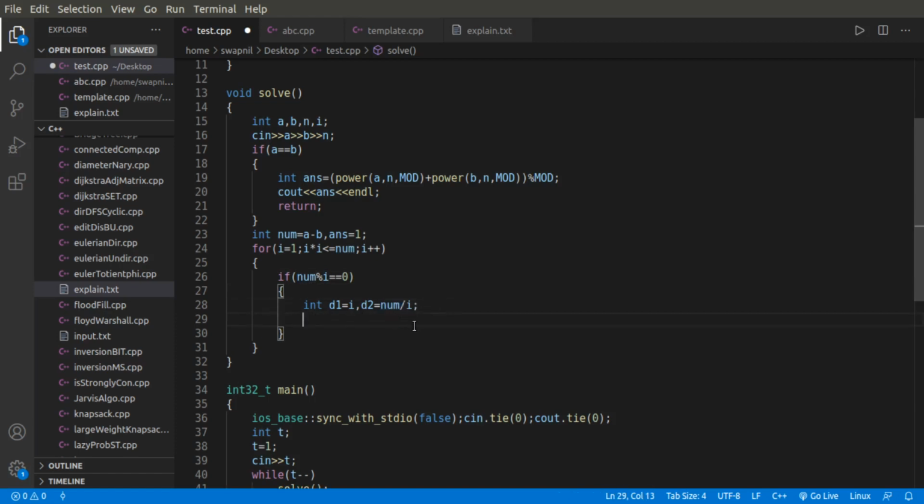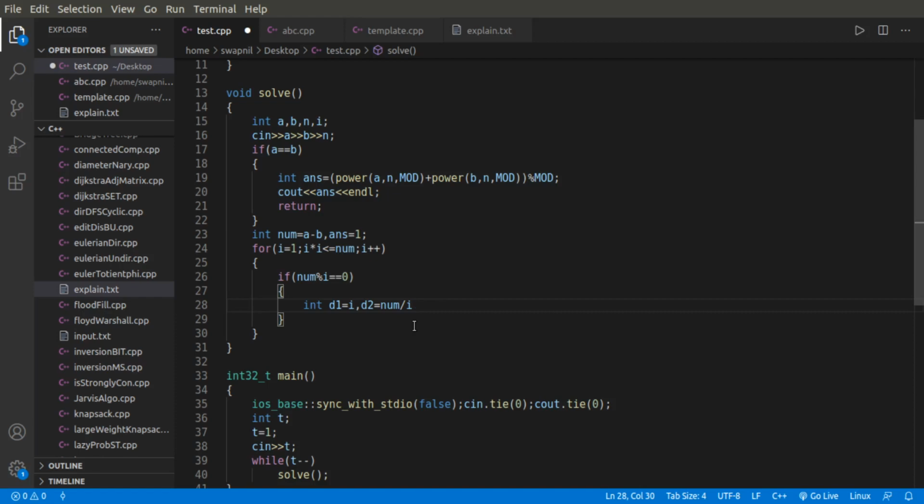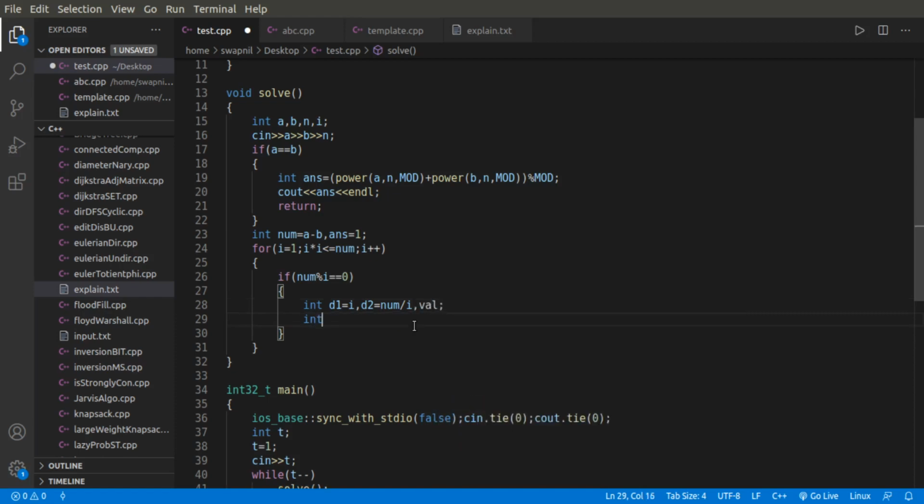So these are my two divisors, and I will declare another variable val, which I will use to check if my d1 divisor and d2 divisor is dividing that term, my term a1 or not. And the term a1 can be broken down into these basic expressions as explained in the explanation part, n and d1, and finally modulus d1.